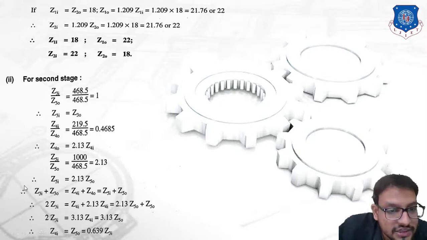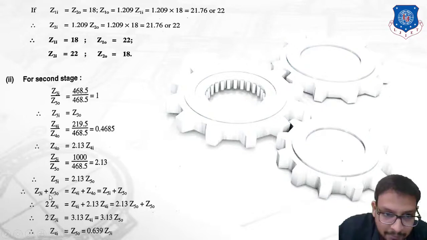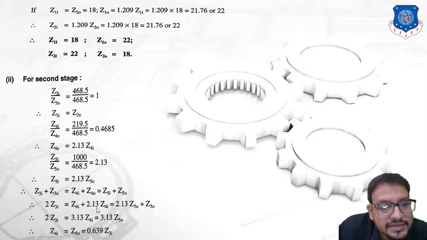Since we know the relation that Z3i is equal to Z3o, over here I have added both of them and replaced by Z3i, so 2Z3i. The second is Z4i plus Z4o.